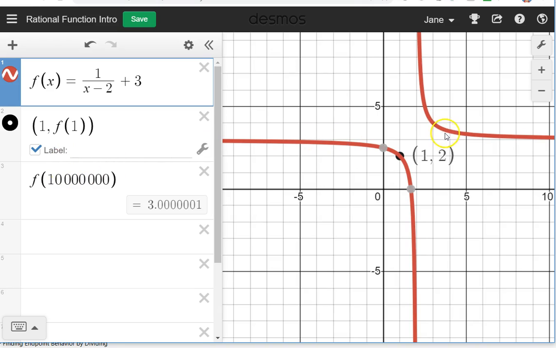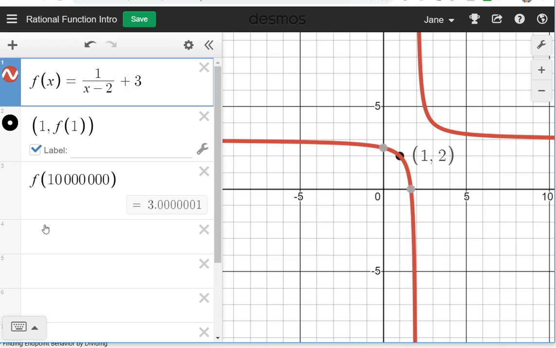As x gets really, really big, y is getting close to 3. So this number up here tells me as x gets really, really big, this fraction is getting very, very small, close to 0, so y is getting close to 3. So the number that I subtract from x tells me my vertical asymptote, and the number I add outside the function tells me my horizontal asymptote.